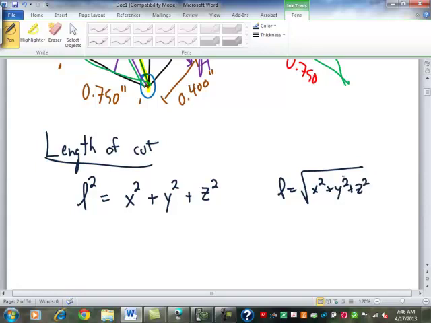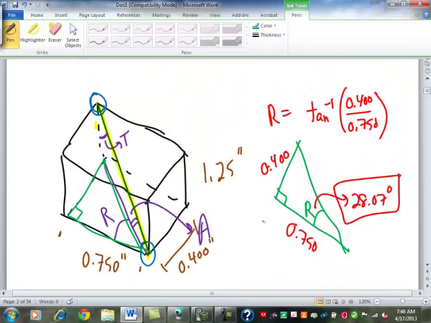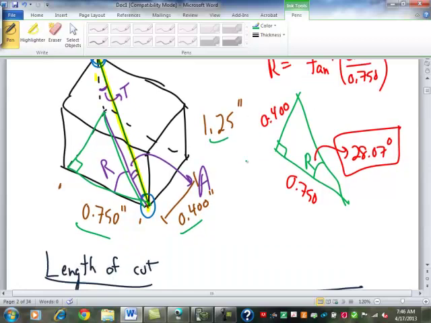Probably a little bit more useful form of this. So that length becomes the square root of 0.75 squared plus 0.4 squared plus 1.25 squared. Those are just the three dimensions of that box there.